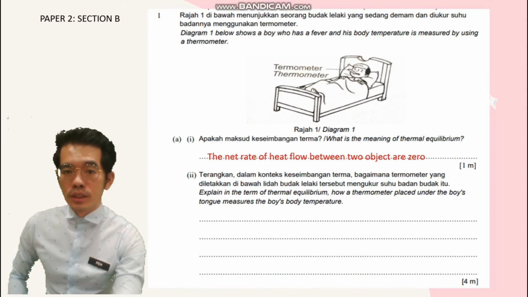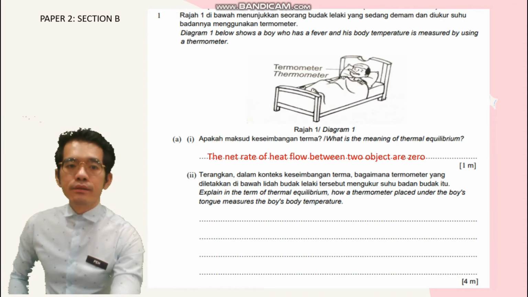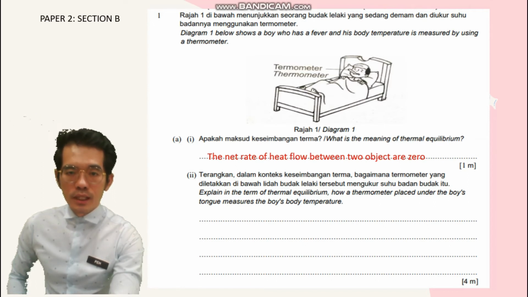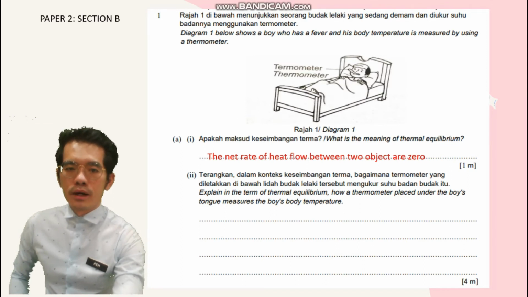This is the first point you need to discuss. After that, we need to discuss that the heat flows from the hotter object, which is the boy's tongue, to the thermometer. After some time, both objects will reach equilibrium. Therefore, they will have the same temperature. And the last point, the net heat flow between two objects will be 0. So in total we have 4 marks.